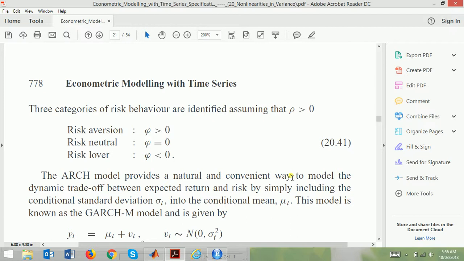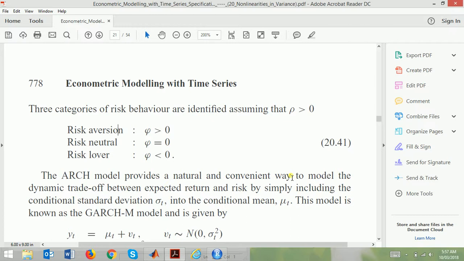There are three categories of risk behavior we can find, assuming there are lags in the system. First, some people avoid risk; for them epsilon is greater than 0.